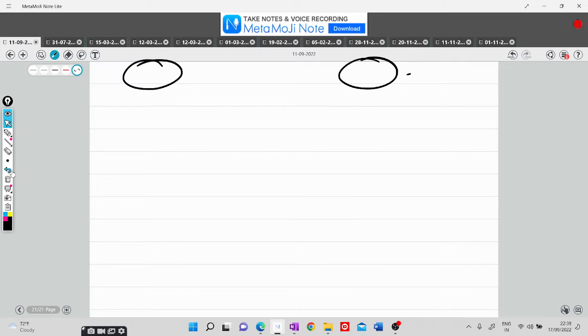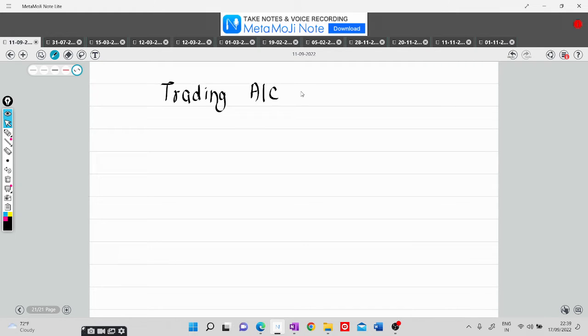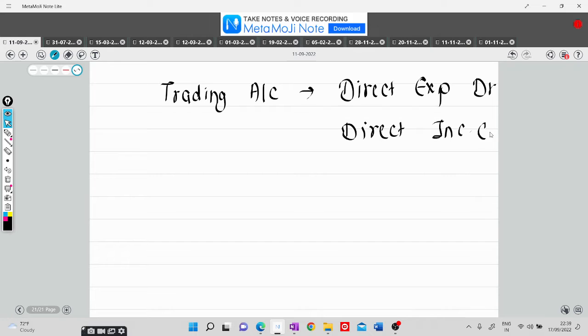To prepare the trading account, we have to consider only direct expense and direct income. All the direct expenses will be debited to the trading account and direct income will be credited to the trading account.